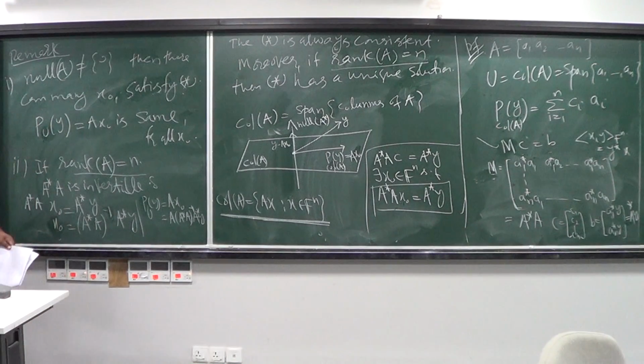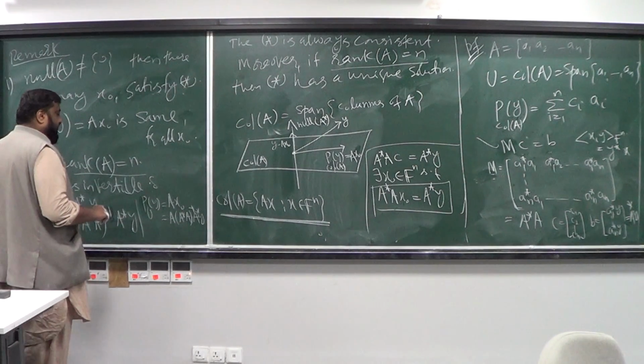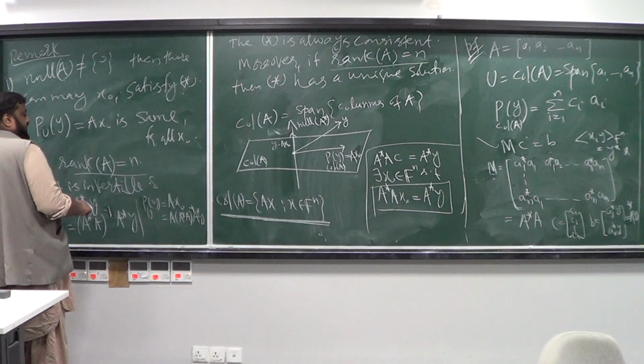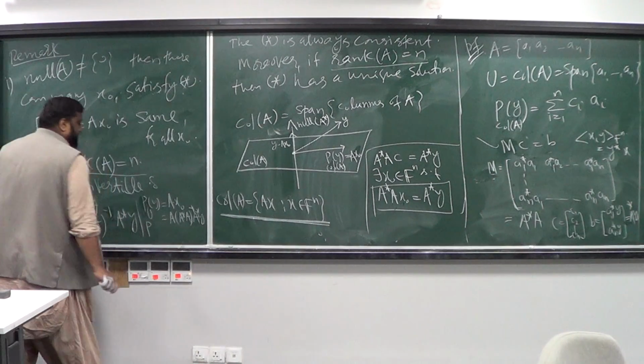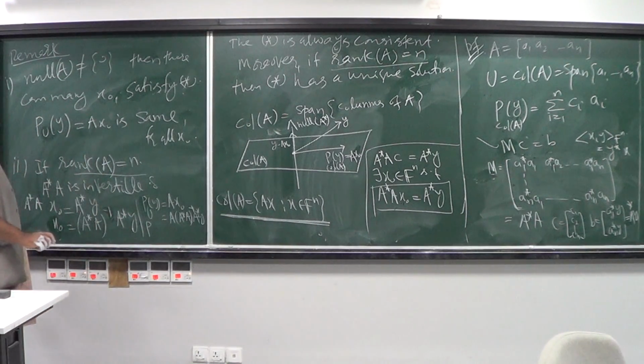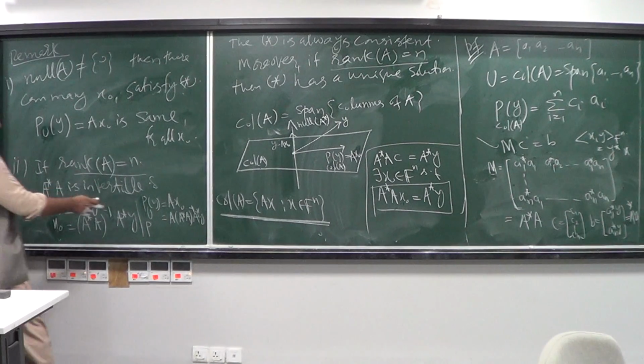So this is really going to be the orthogonal projection. And if this is the case, then you have another interesting result as well, that there is explicitly a matrix for this orthogonal projection.